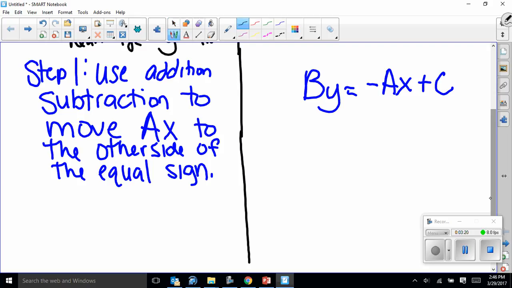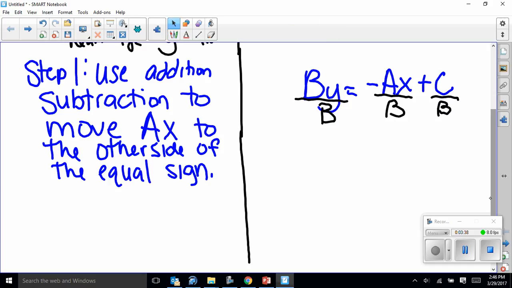divide, right? But if I divide this by b, then what do I have to do to everything else? Do the same thing. If this gets divided by b, then everything else has to get divided by b. Not just one term, everything. So when we do multiplication or division, everything has to be multiplied or divided.